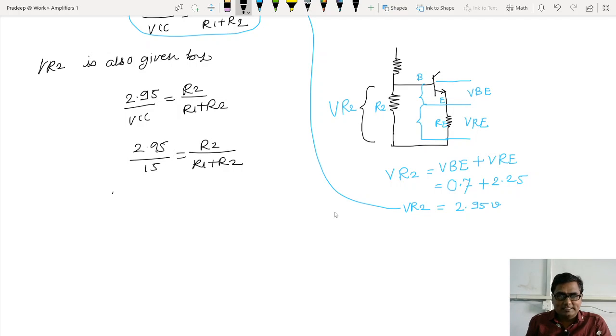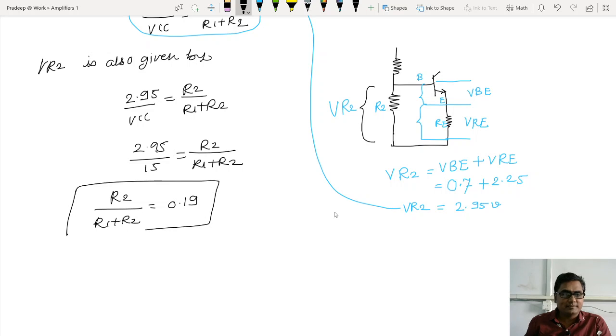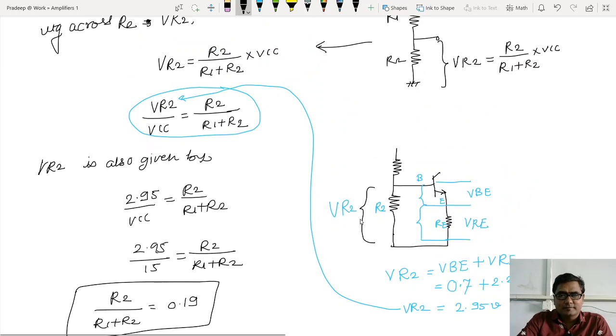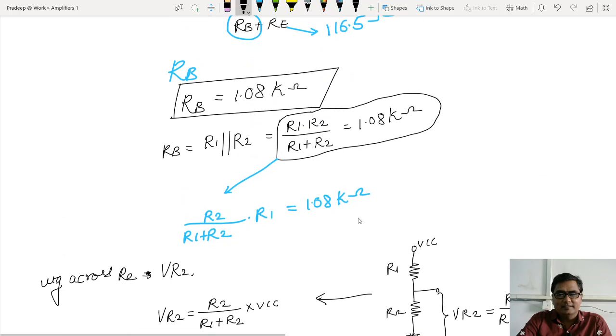So from that I can write R2 divided by R1 plus R2 is equal to 0.19. Now look at this, I got this factor. This factor I am going to use in this equation.